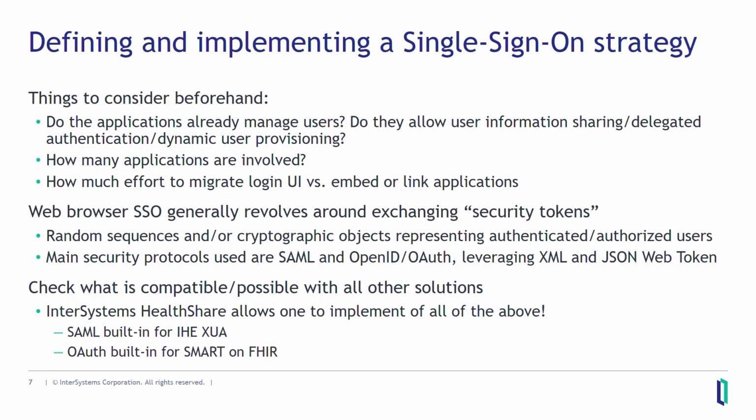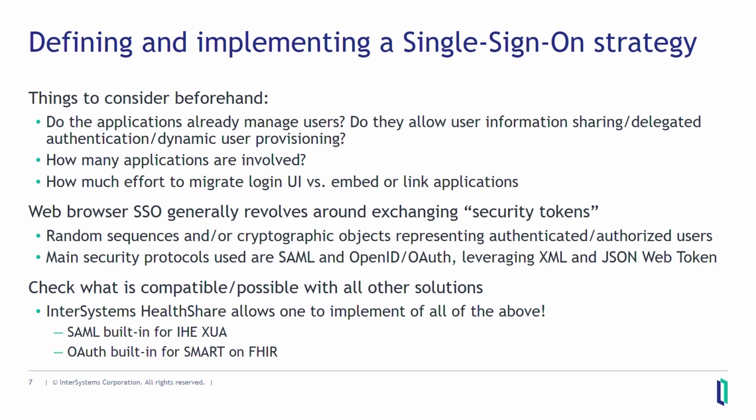The main security protocols nowadays are essentially SAML and OpenID OAuth. There are a couple of others, but those are really the 2 leaders that you're going to see in the field. And they leverage essentially either XML or JSON as a transport mechanism.